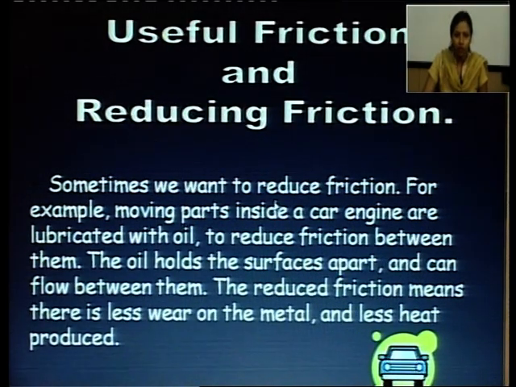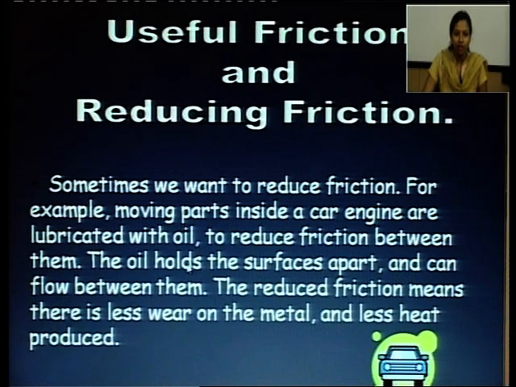Sometimes we want to reduce friction, like if we want to walk on ice, then there should be less friction. Another example is the moving parts inside a car engine, which are lubricated with oil to reduce friction between them.